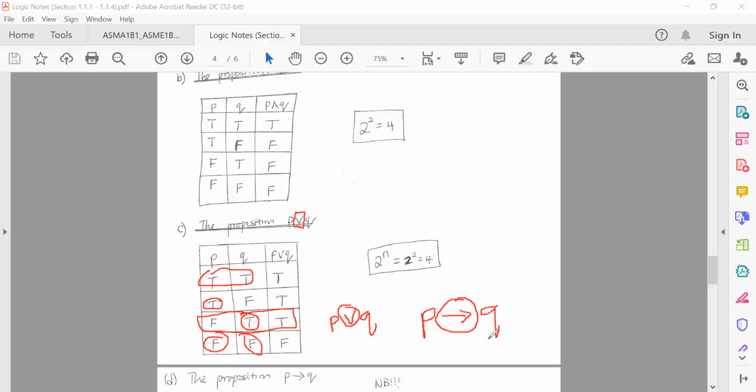But false implying true is still true, it's fine, because a false statement can imply a true statement. However, a true statement cannot imply a false statement. All right. So the difference in C and D is their logical connective. We're talking of or and implication. They're different. All right.